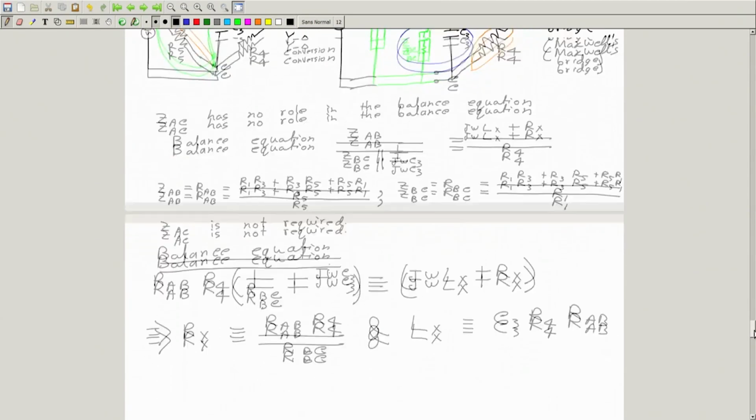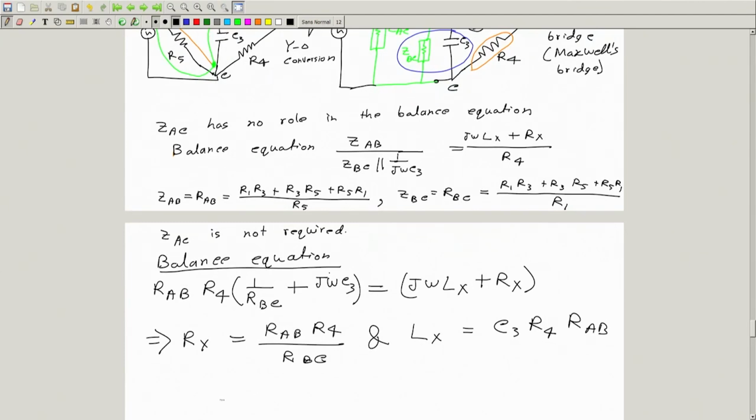Now you can put the values. RAB by RBC, RAB is here and RBC is here, will be the same as 1 over R5 divided by 1 over R1.